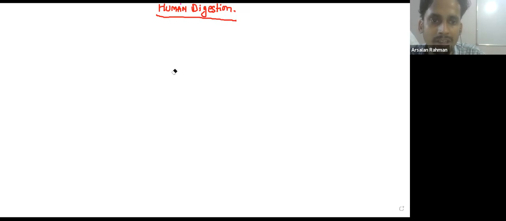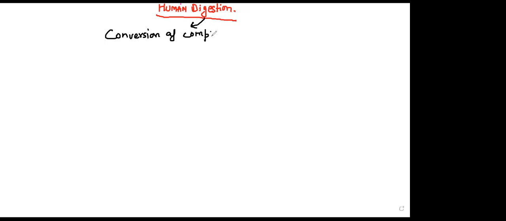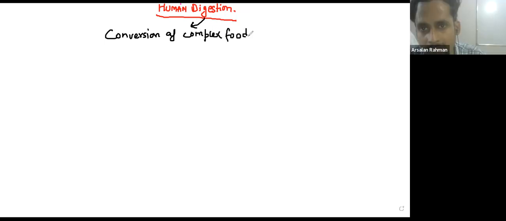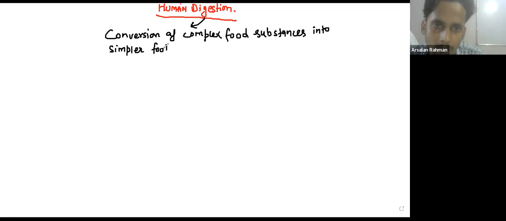Digestion means the process of conversion of complex food substances into simpler food substances, simpler absorbable food, which can be absorbed into your blood. Absorbable food. I have told you this.